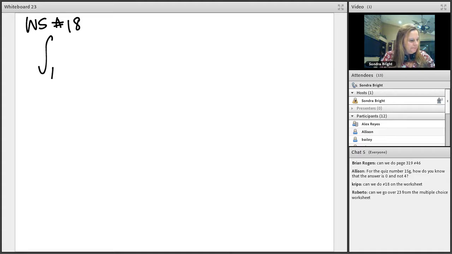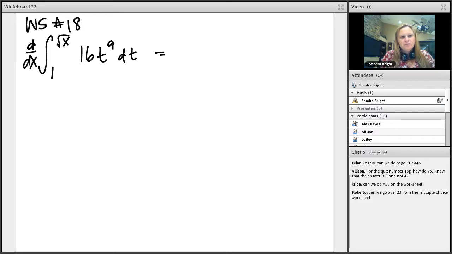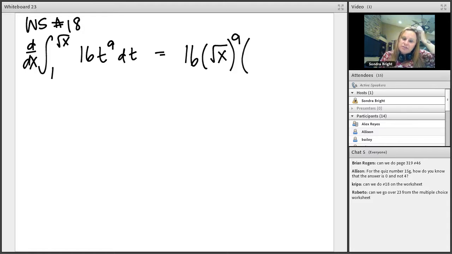Number 18. It is the integral from 1 to root x of 16t to the 9th power dt, and they want dy dx. And so you want to take the derivative of this, which is just going to be plugging in the root x into your t and then raising it to the 9th power, but then times the chain rule.